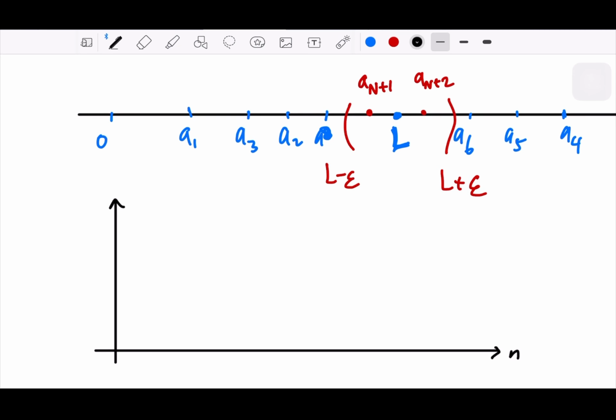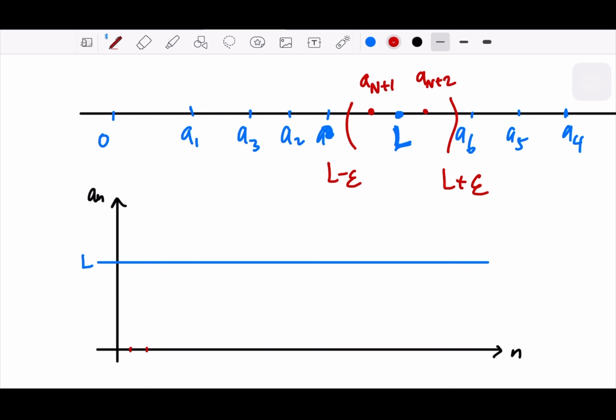This is n, and this is a_n, and this is L. We start from maybe 1 here, 2, 3, 4, and then 5, maybe going there. Okay, maybe it approaches some L like that.